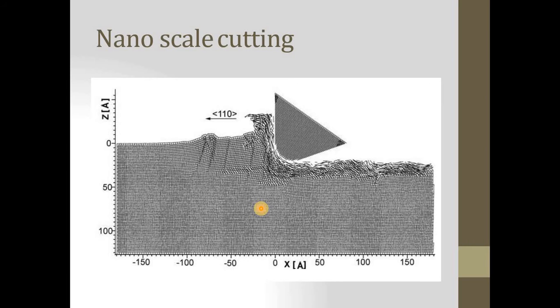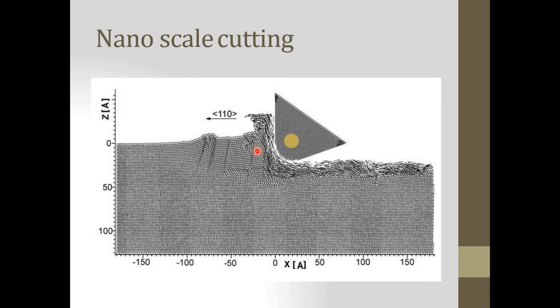So you can see over here, this is another view of nanoscale cutting. You can see over here that this is the cutting tool, and the material to be cut is over here.